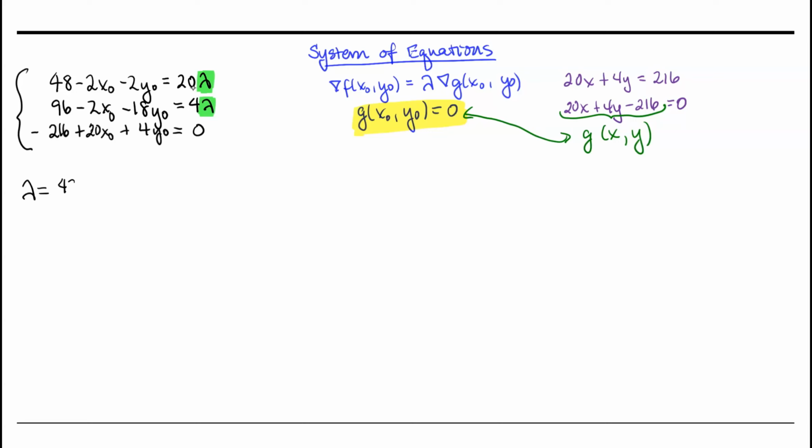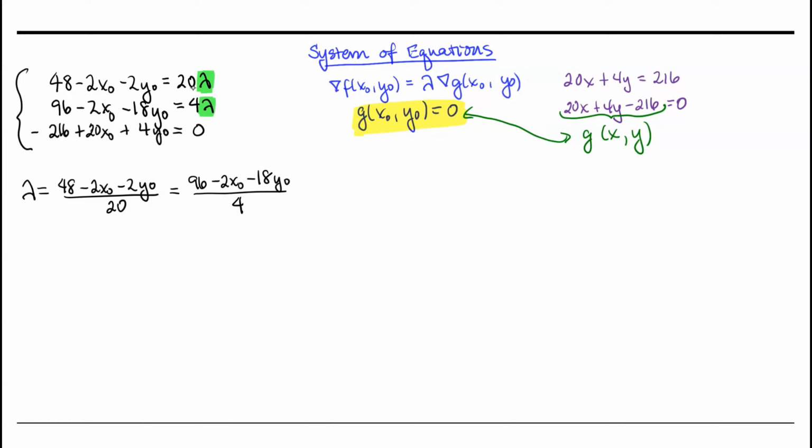So I would have 48 minus 2x naught minus 2y naught all over 20. That's solving the first equation for lambda. Now if I do the same for the second equation, I would divide both sides by 4. So I get 96 minus 2x naught minus 18y naught, all divided by 4.